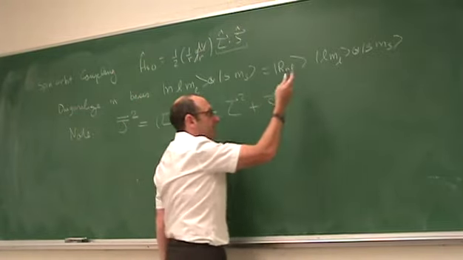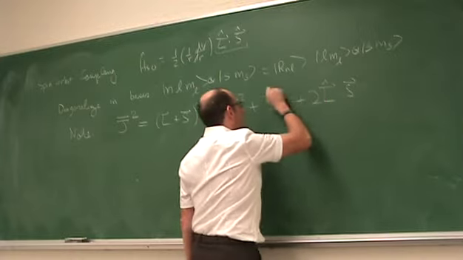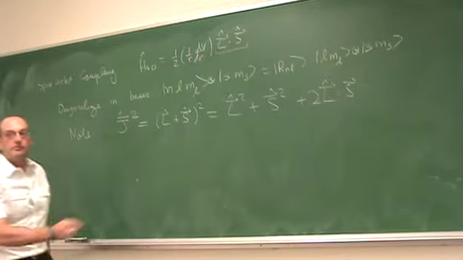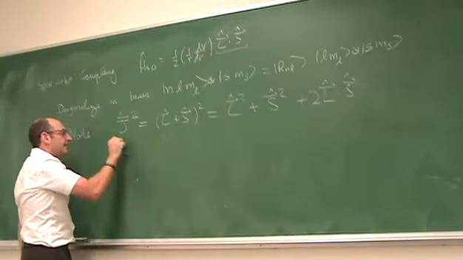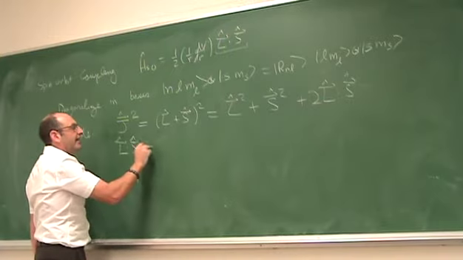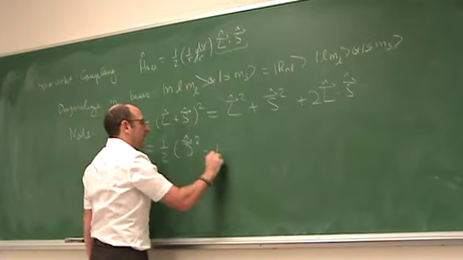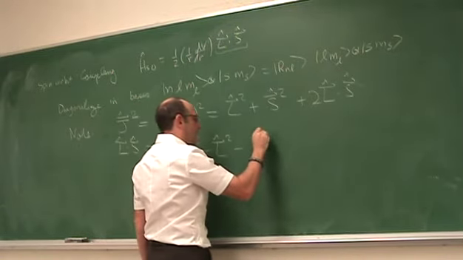Of course, L and S commute, so I can write this as 2 L dot S. So L dot S is another way of writing 1/2 (J squared minus L squared minus S squared).